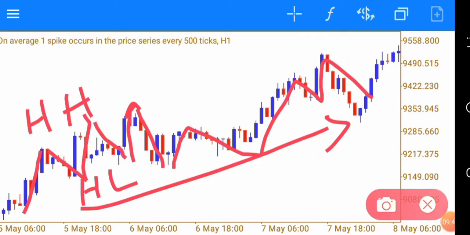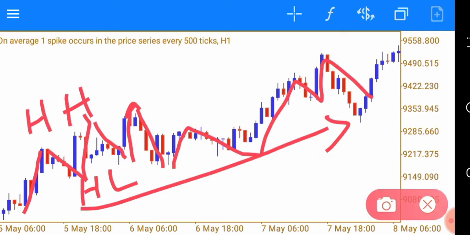And in this type of market, we will be looking for buying opportunities, because we know that buyers are in control of this market. I hope it's easy to understand. In a bullish market, in an uptrend, we always look for a buying opportunity.